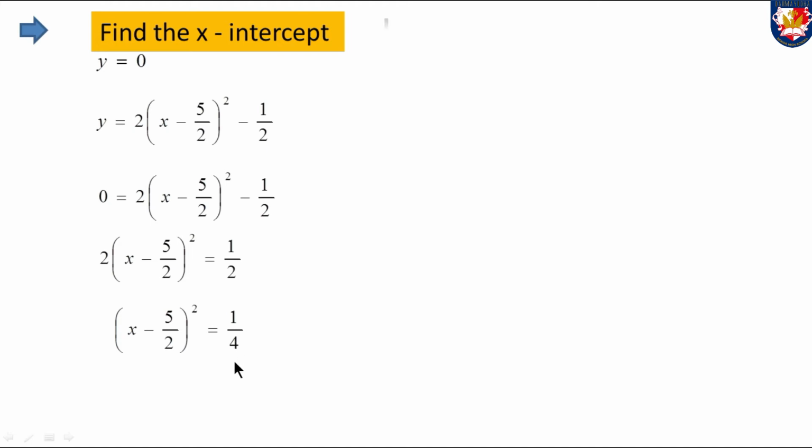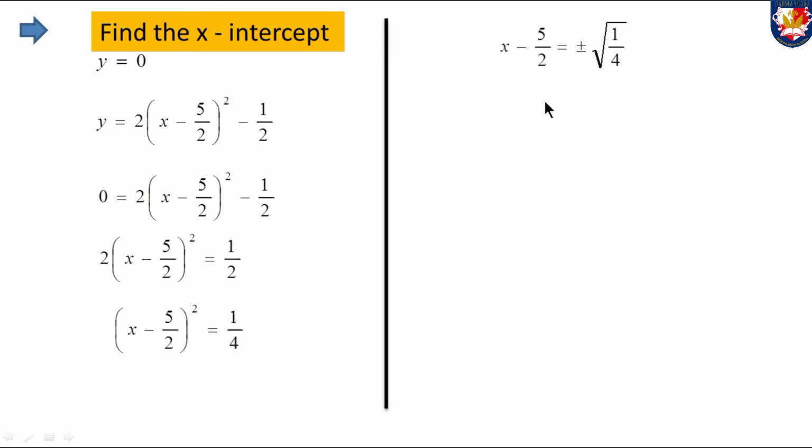So next, look at both sides. We take the square root of both sides. The square root of a square makes the square disappear, and this is x minus 5/2 equal to plus or minus the square root of 1/4.